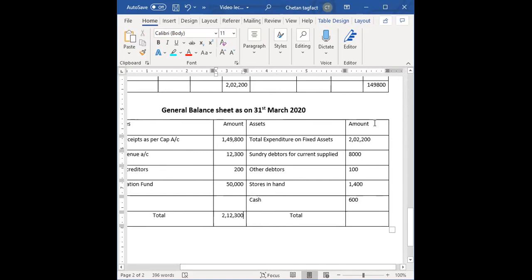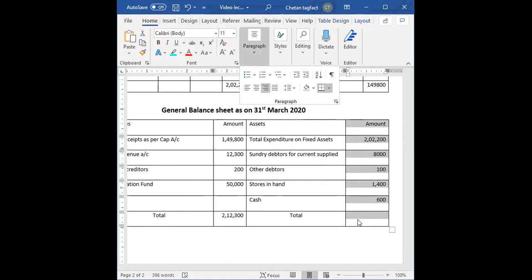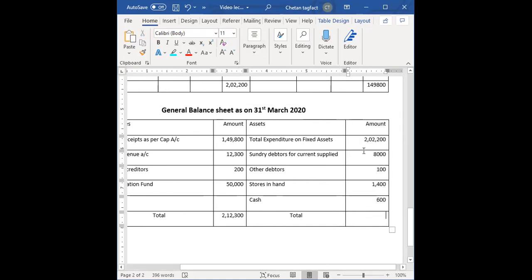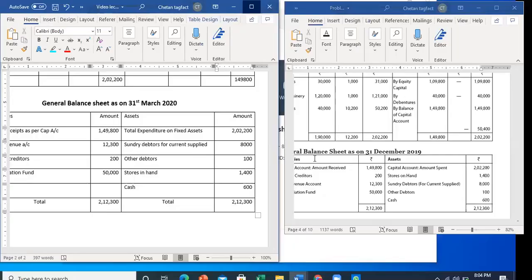Similarly, when I add up my asset side, if I have taken the adjustments correctly, I need to get the total equivalent to my liability. So it is 2,02,200 plus 8,000 plus 100 plus 1,400 plus 600. This amounts to 2,12,300. So with this, we complete the problem.